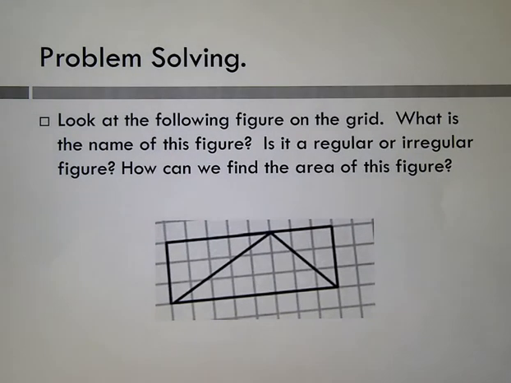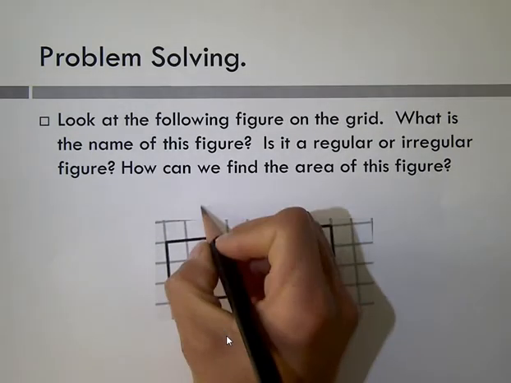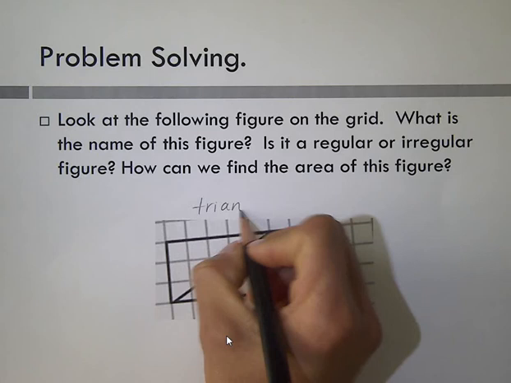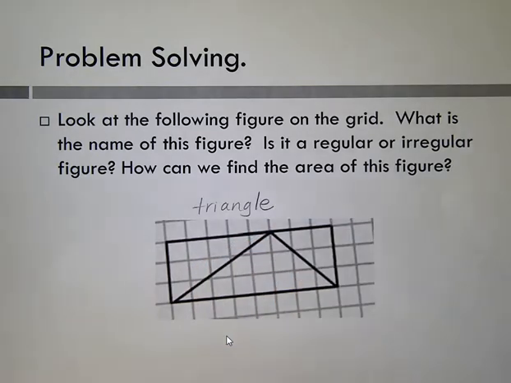Let's begin by looking at our problem. Look at the following figure on the grid. What is the name of this figure? This figure is a triangle. Is it a regular or irregular figure?